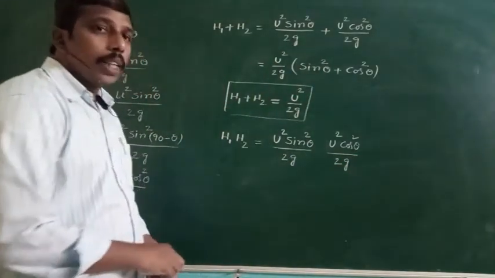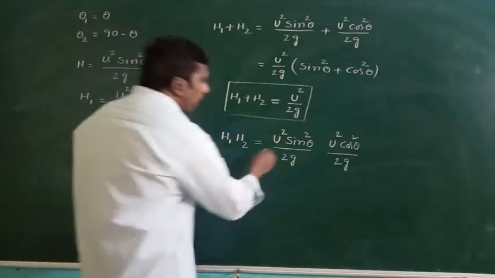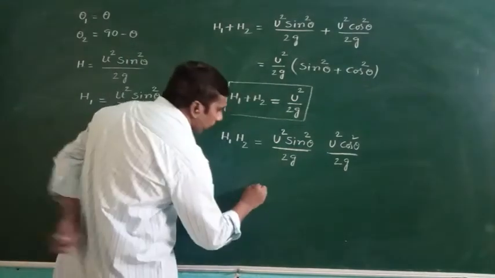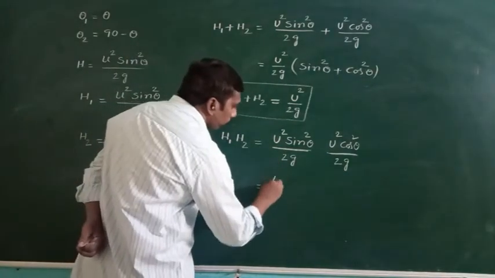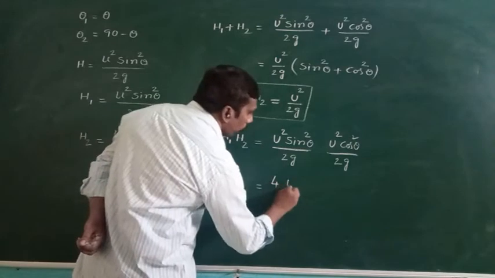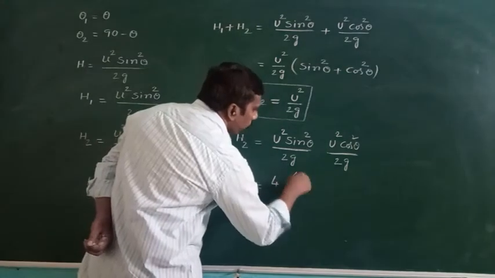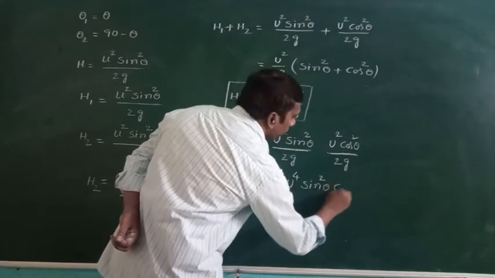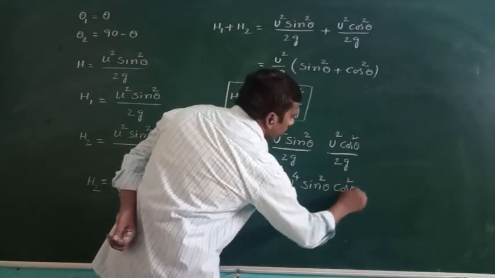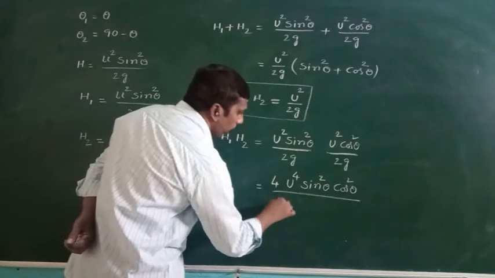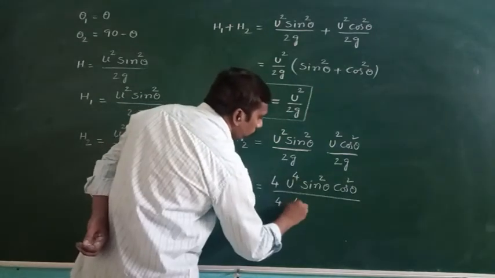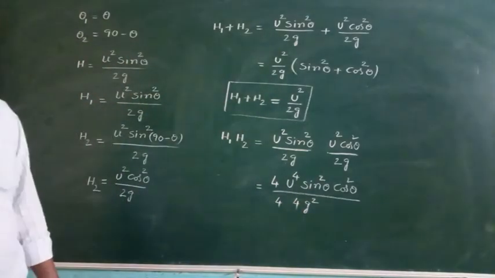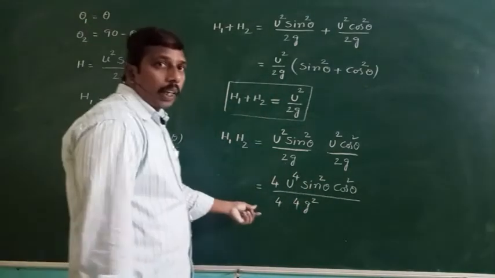Suppose this equation you multiply by 4 and divide by 4, then we will get 4 u power 4 sin square theta into cos square theta divided by 4 into 2 into 2, that is 4, g into g is multiplied. So we write the equation like this.